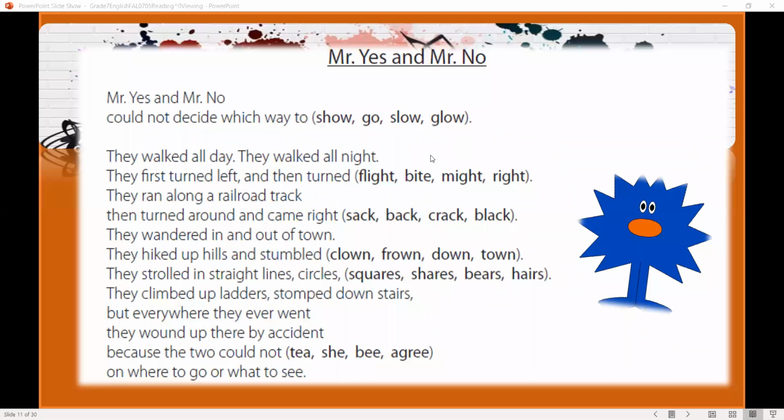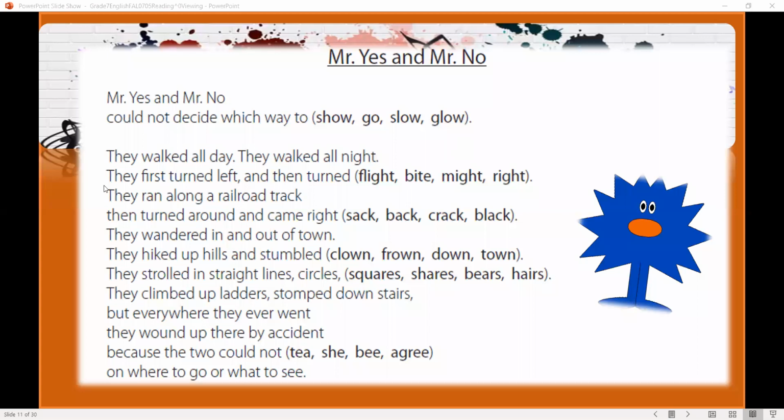Okay, so I'm going to try the ones you guys suggested. Mr. Yes and Mr. No could not decide which way to go. Yeah, that makes sense. They walked all day. They walked all night. They first turned left and then turned flight, bite, might, right. Which one should I go with?